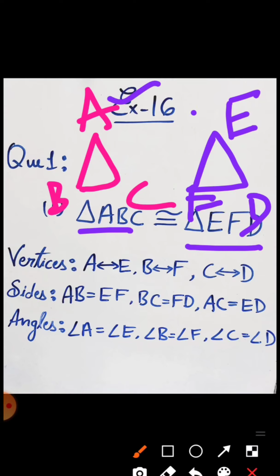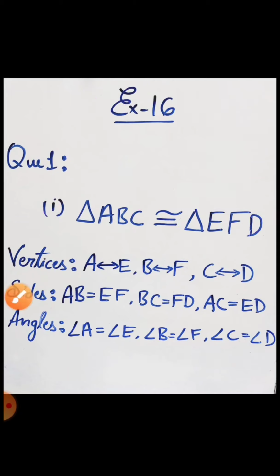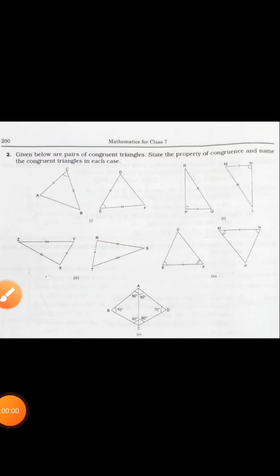Angle A is equal to angle E, angle B is equal to angle F, angle C is equal to angle D, which is written here. In this way you will do all the questions of question number 1.